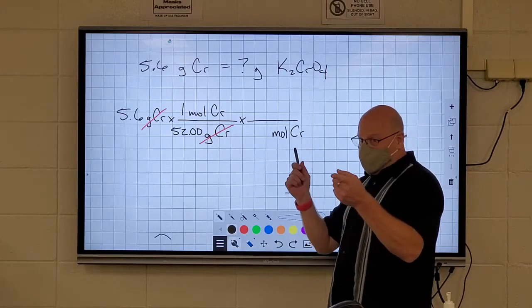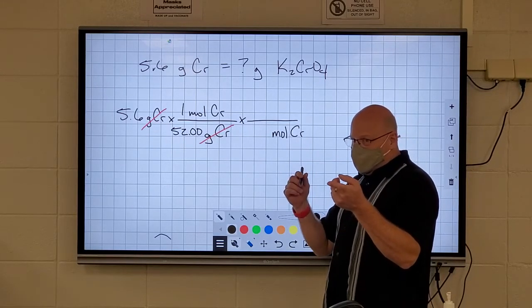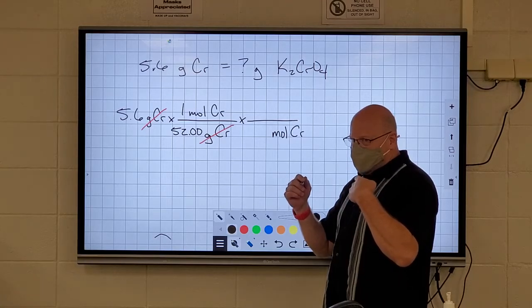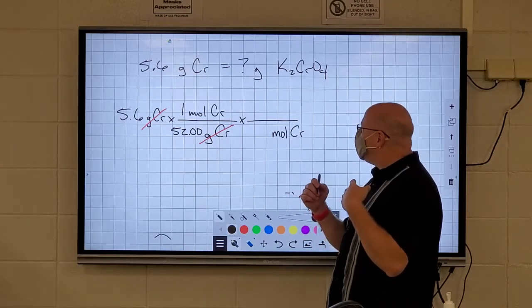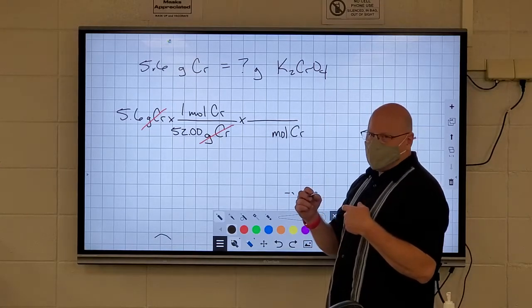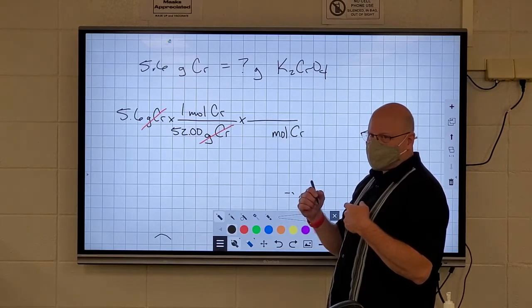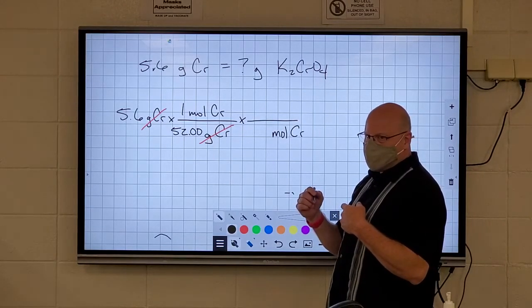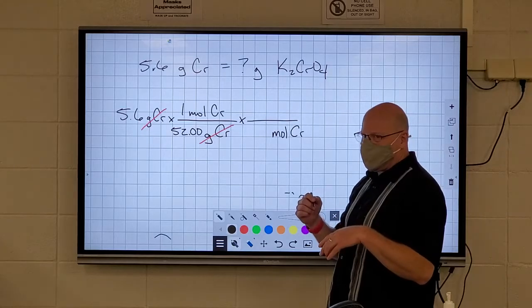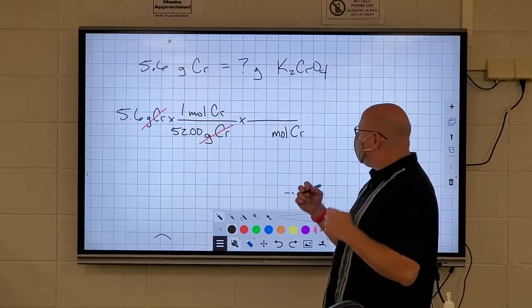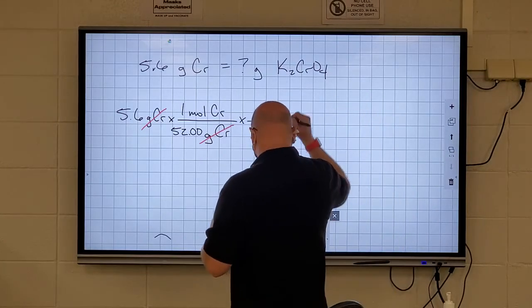This is where we want to put our potassium chromate. How many of each? There's just grams of potassium chromate. Not grams. Then just a mole of potassium chromate. How many? 1.